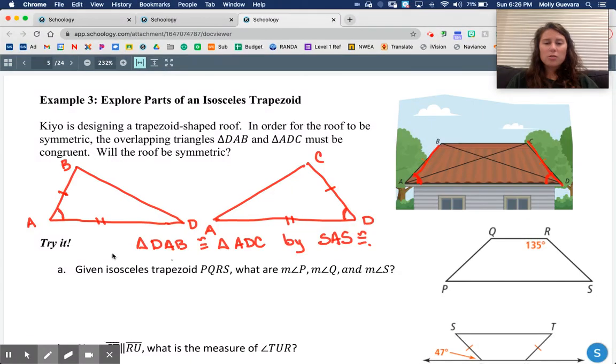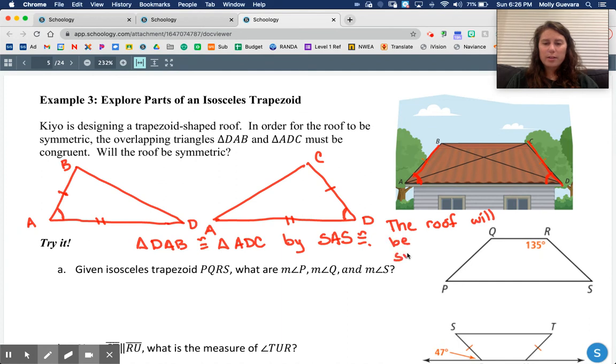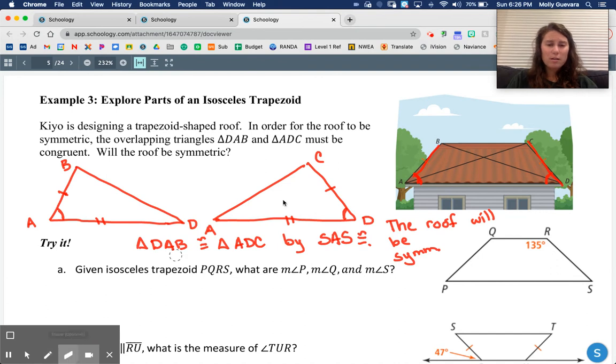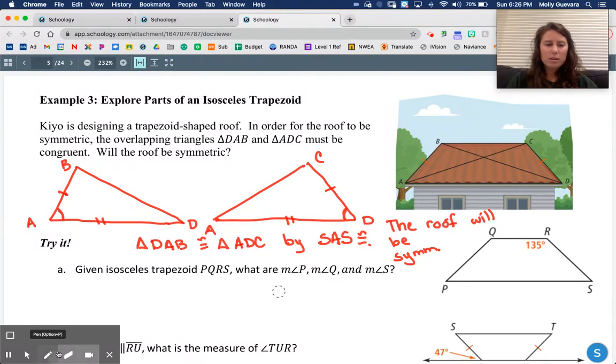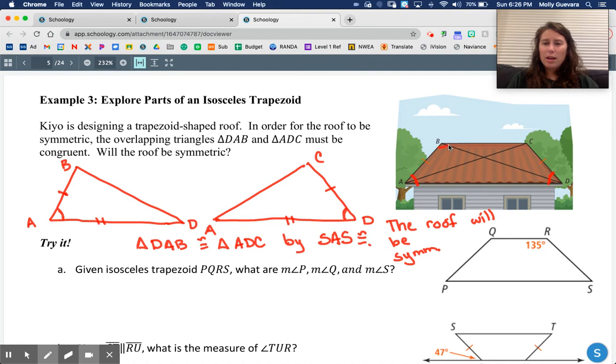Okay, so since these two triangles are congruent by side angle side, the roof will be symmetric. So remember that when we have an isosceles trapezoid, these two base angles at the bottom are always going to be the same, and the two base angles at the top are always going to be the same.